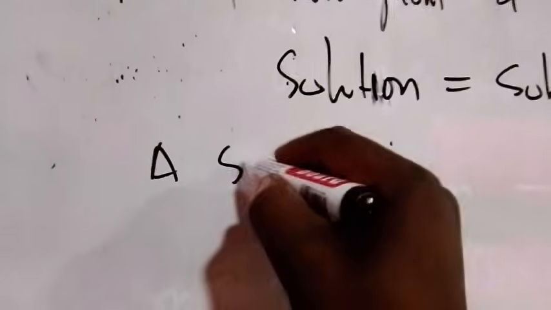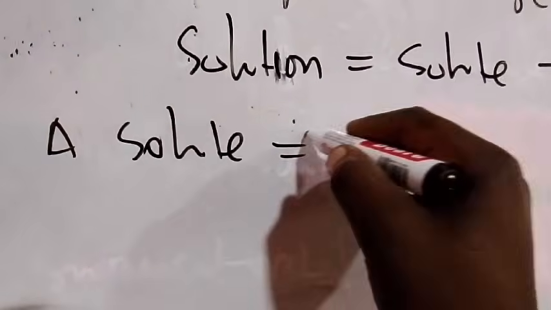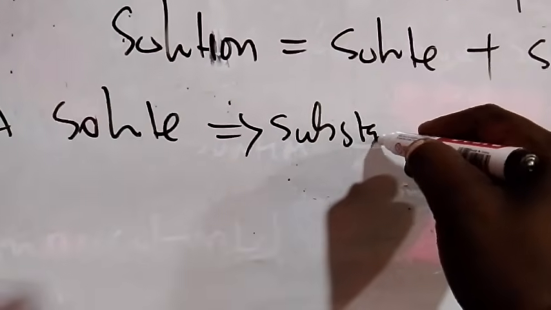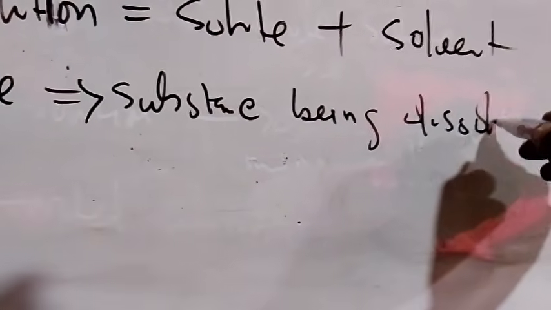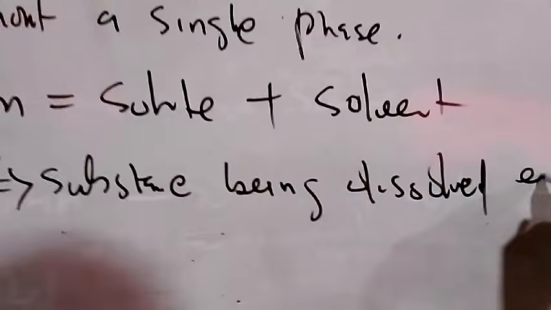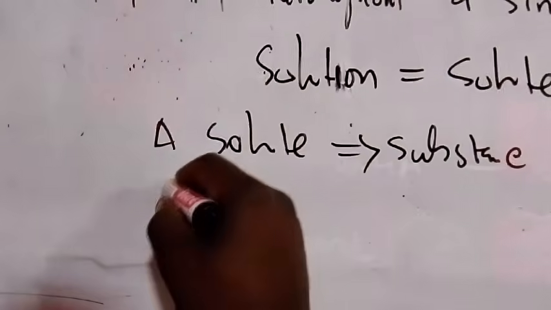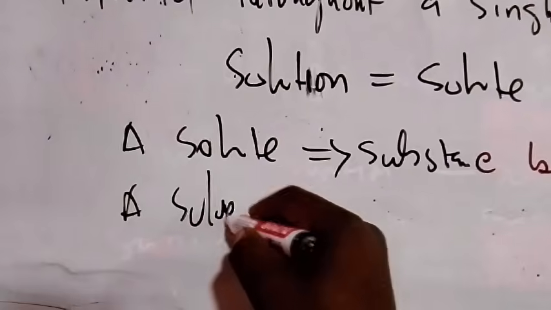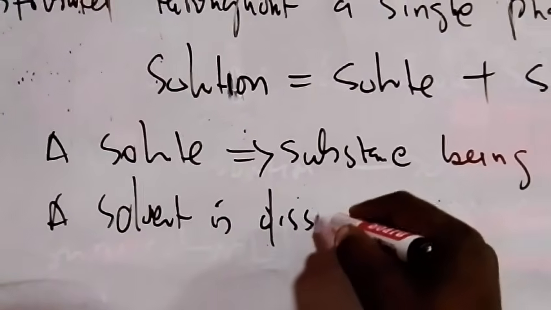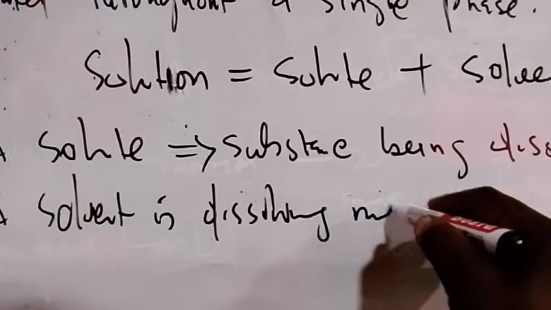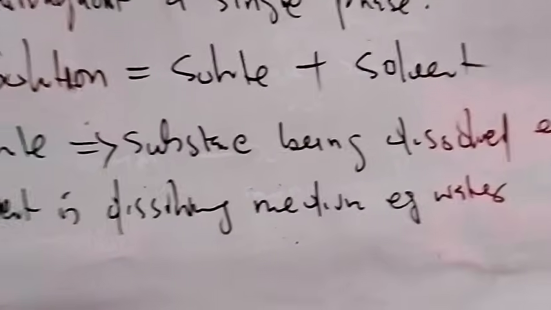A solute is a substance being dissolved, e.g. sugar. Then a solvent is a dissolving medium, e.g. water.